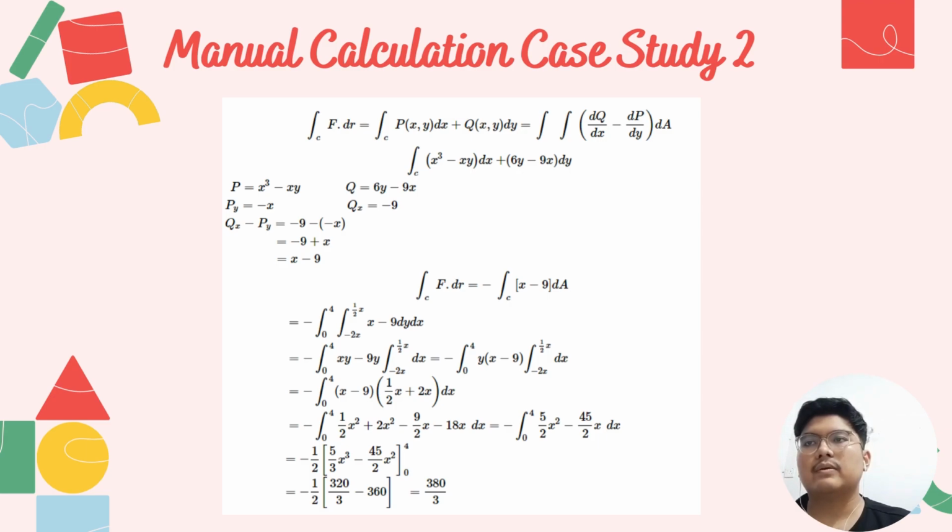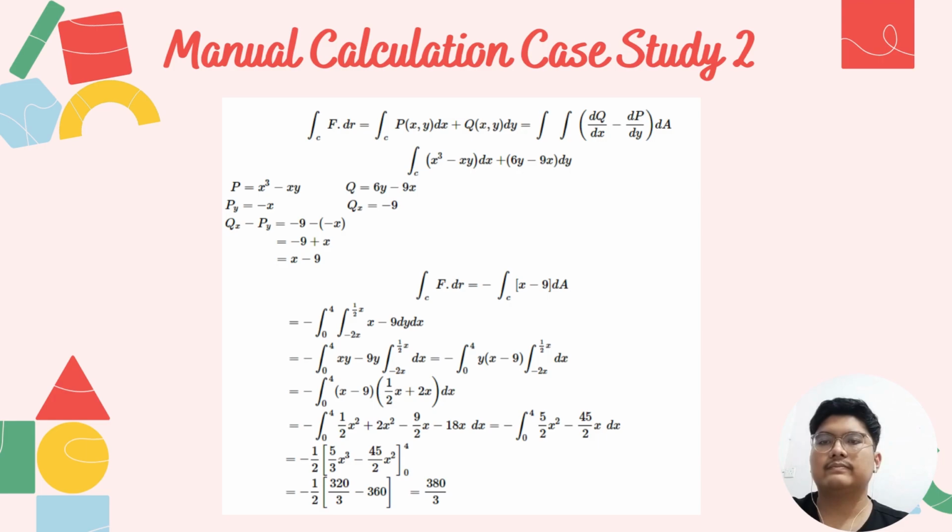Next, we simplify it, and we get 5 over 2 x squared minus 45 over 2 x, and we integrate it with respect to dx, and the answer is 5 over 3 x to the power of 3 minus 45 over 2 x squared, and we evaluate it, and the answer is 320 over 3 minus 360, and for the minus we multiply with negative 1 over 2, and the final answer is 380 over 3.